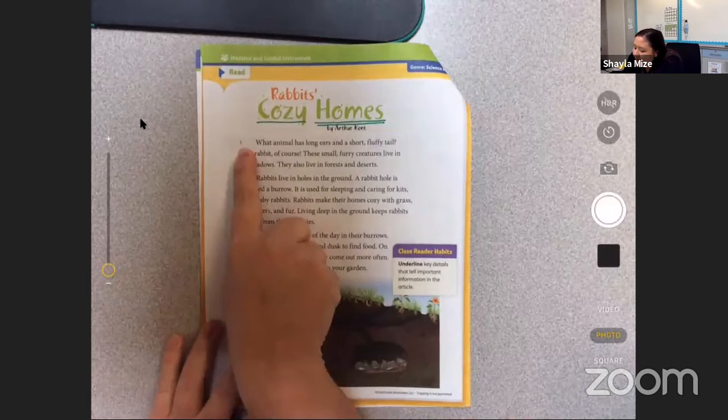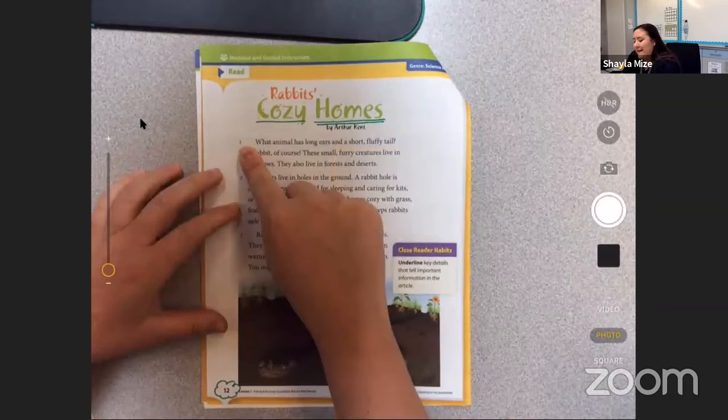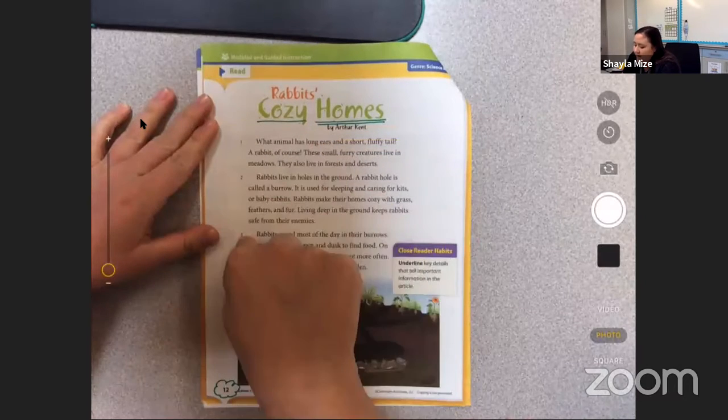There are always little numbers off to the side, because that is for our paragraphs. Each new paragraph has a number.